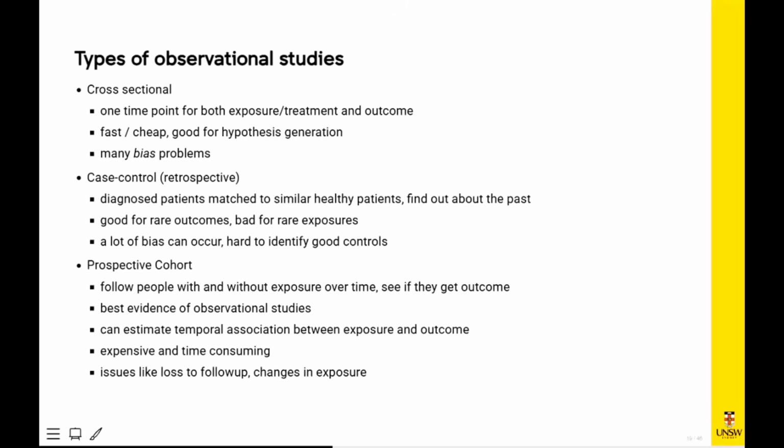You need to have lots of people involved, lots of resources involved to continue observing these people and getting the data that you need over a long period of time. And of course, when you are studying things over a long period of time, particularly if your subjects are people, there's a lot of attrition, a lot of loss to follow-up, and a lot of changes in exposures.